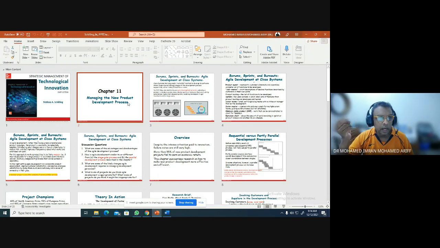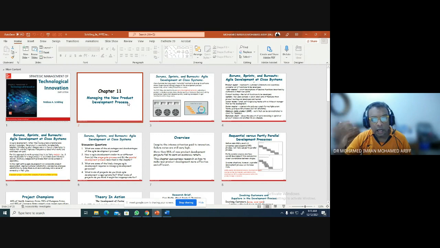By chapter 11, we have determined that these are the products that we are going to develop. These are the products that can be marketable, useful for the organization and the general public.